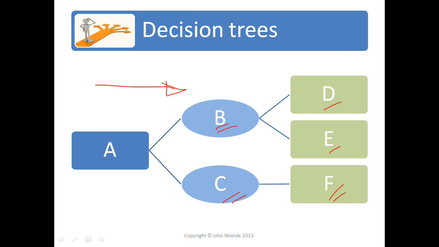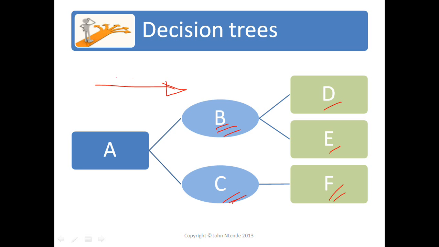So similarly, you calculate the expected value for C, and the decision to take would be the option which has a higher expected value. So a decision tree simply is used when we have risky scenarios and want to evaluate the different scenarios.